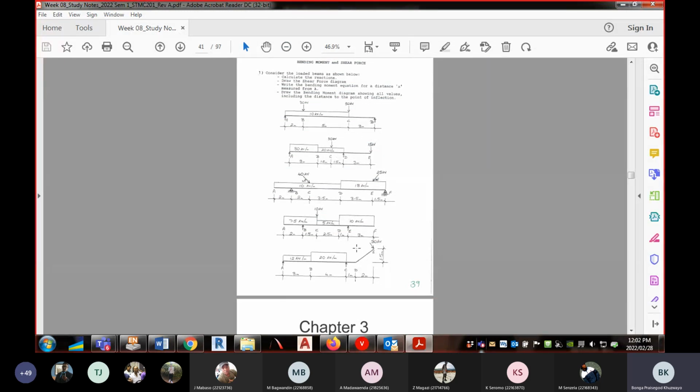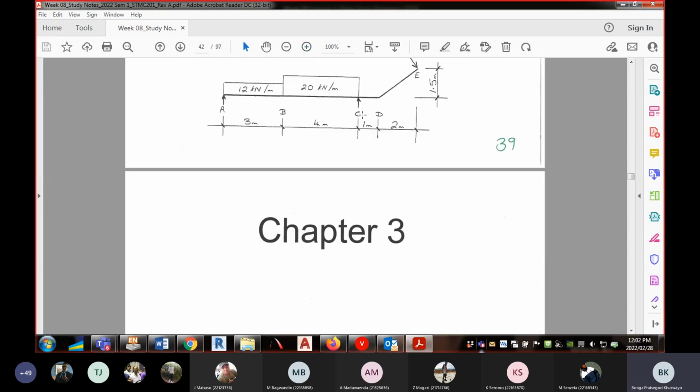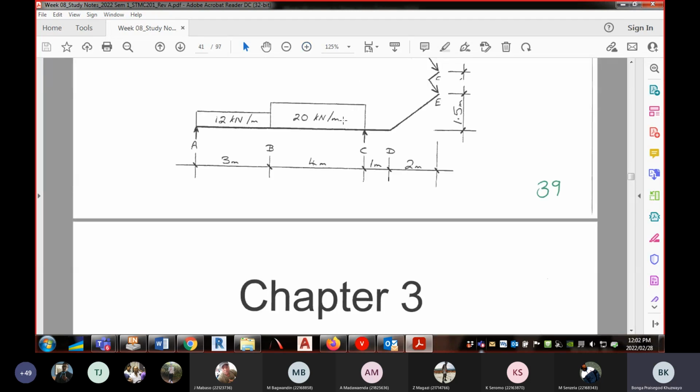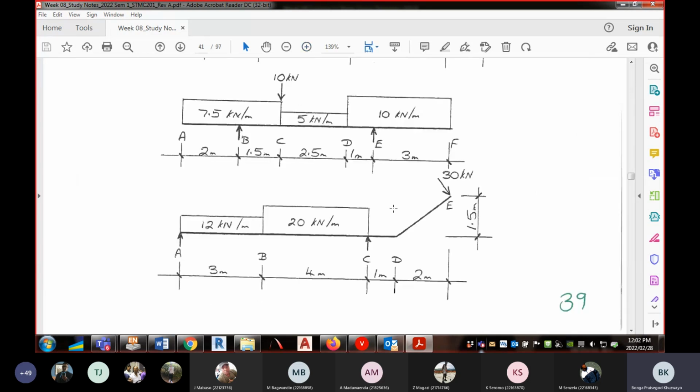We've done it in class. When you get time, please make sure that you are able to calculate the support reactions for all these problems, especially the last one. You can see the last one is a little bit busy, so make sure you can do this one.